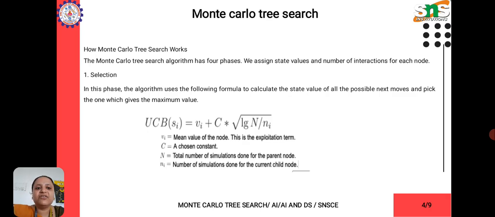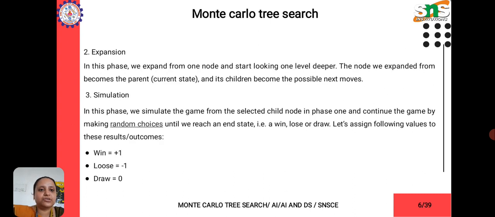C is the constant; say for example, when you take 11 by 21, you will have similar values, which is called the constant. Capital N is the total number of simulations done in the parent node. Small n is the number of simulations done with the child node.